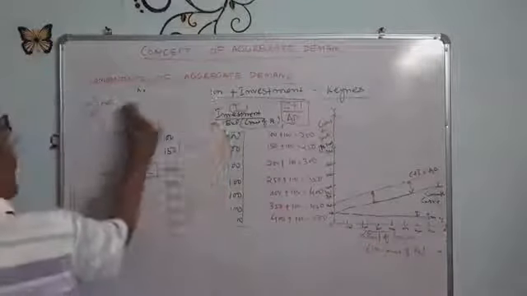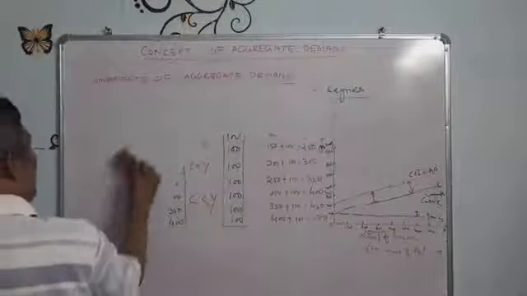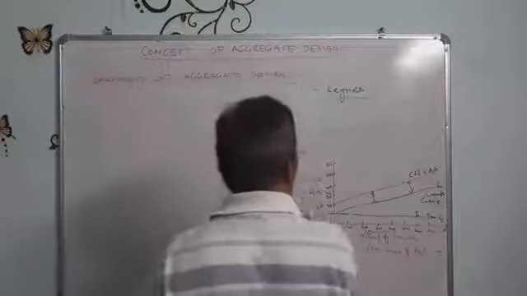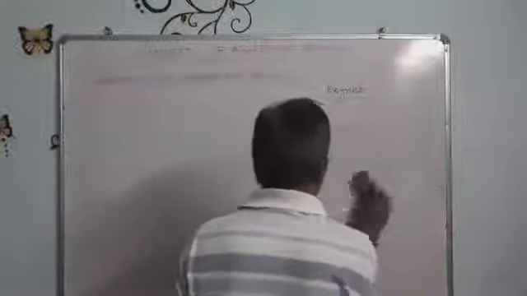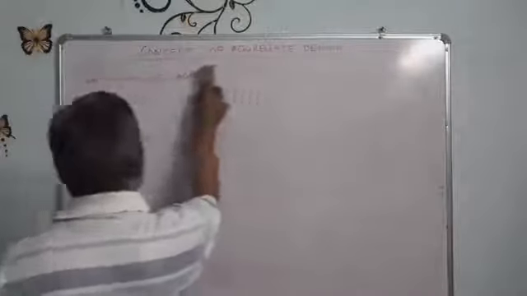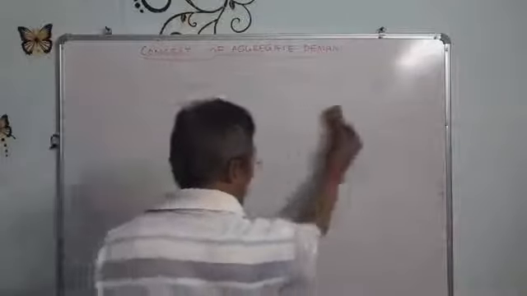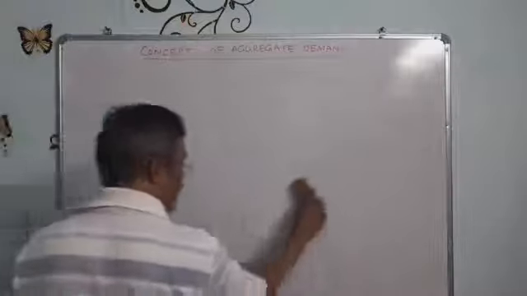Dear students, I have already spoken about net national product at factor cost, which is found by the income method, expenditure method, and value added method. So here is the question: what do you mean by aggregate supply?